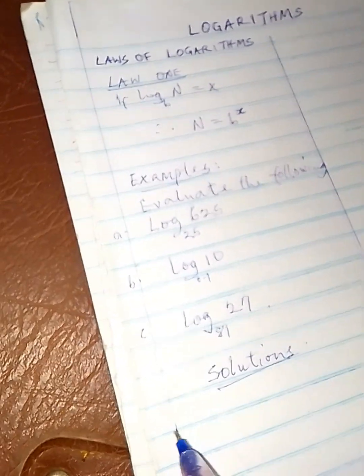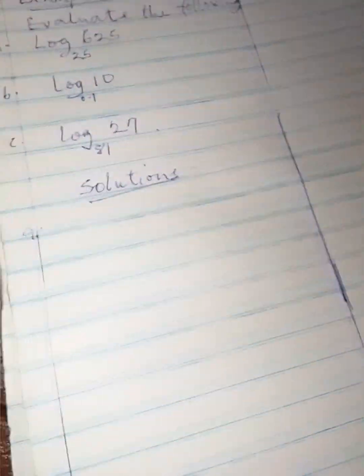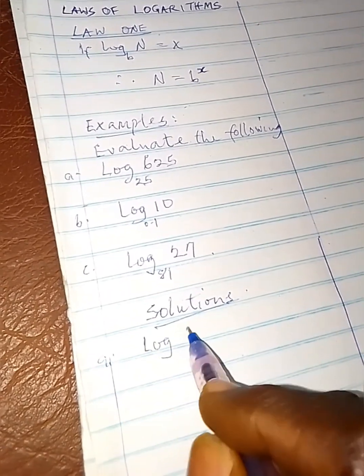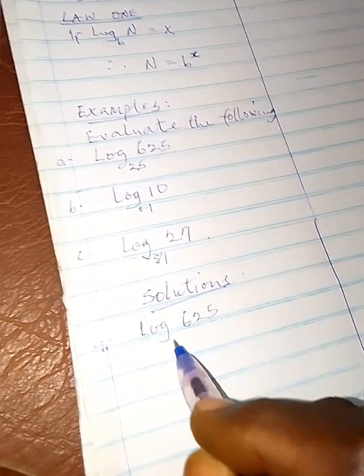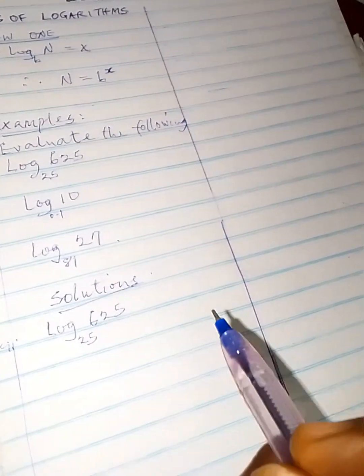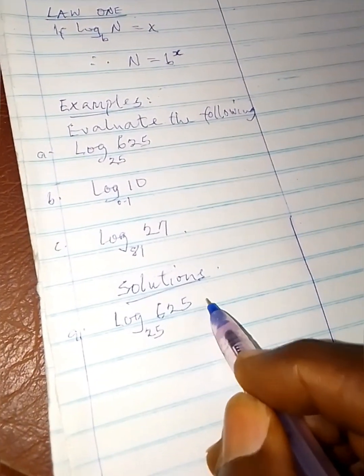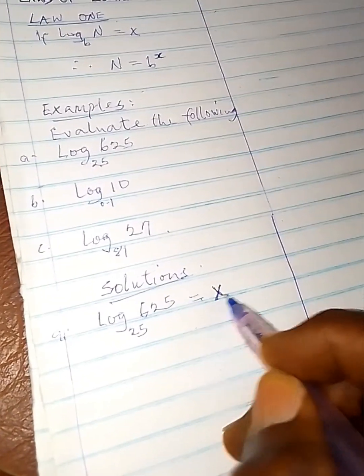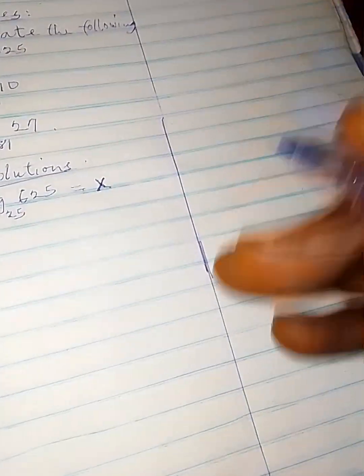Solution. A. You see how simple this law 1 of the law of logarithm is. The first one, which is A of our example, is log 625 base 25. The first thing you do here is to equate it to x. Now go by the law.